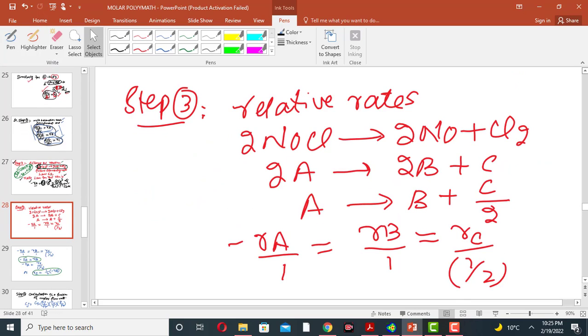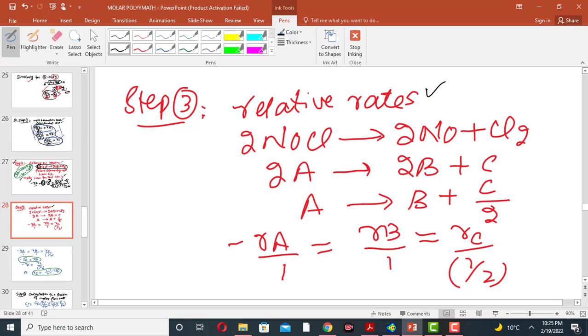Now, in the third step: in the first step we wrote mole balances. In the second step we wrote the rate law, which was a second order reaction, minus Ra is equal to K Ca to the power 2. In the third step, write the relative rates.